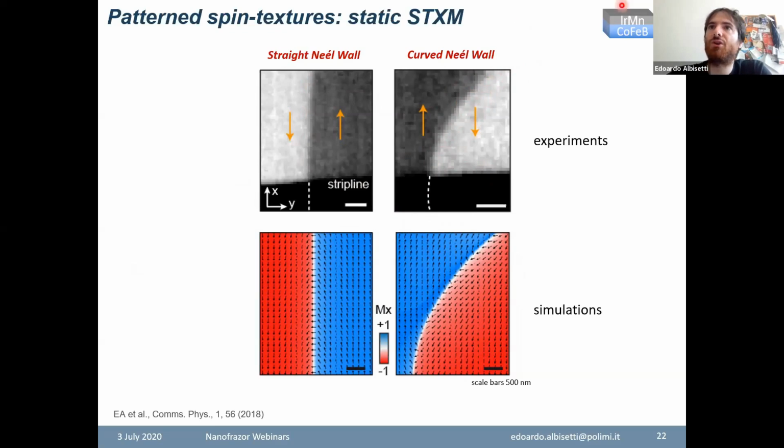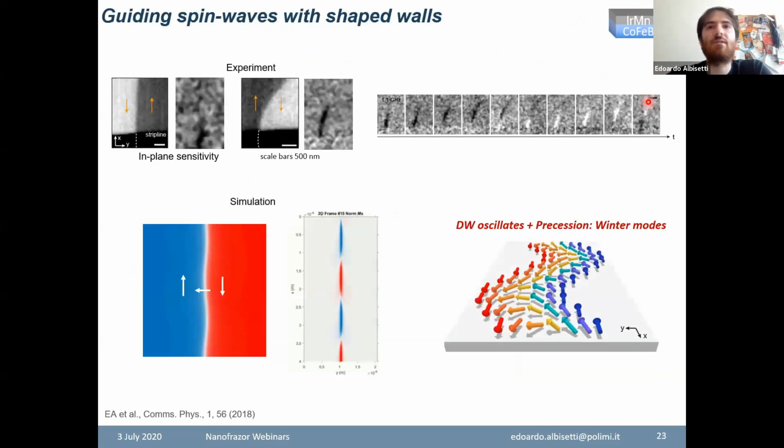And here we are using the first system that I told you about: a single ferromagnetic layer exchange biased with an antiferromagnetic layer. So we went to the synchrotron to see what happened. Here you see spin waves as black and white contrast, and the gray is where there are no spin waves. You can see that on the straight domain wall, spin waves are excited where there is the strip line.